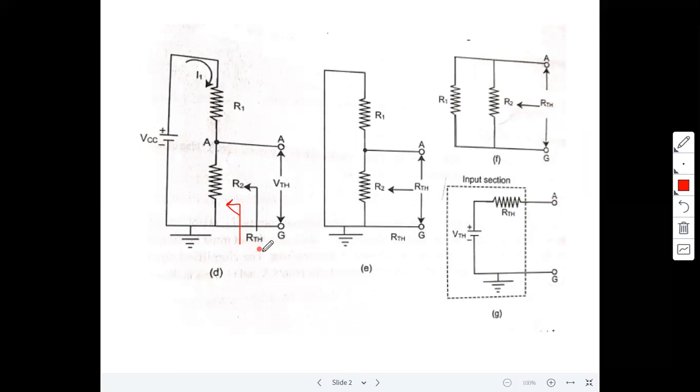V Thevenin is equal to VCC times R2 by R1 plus R2.